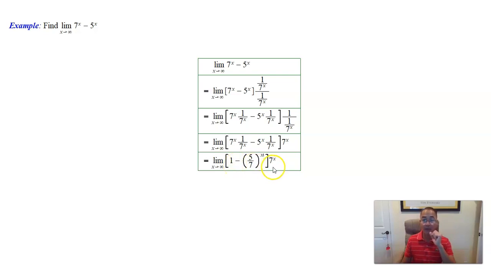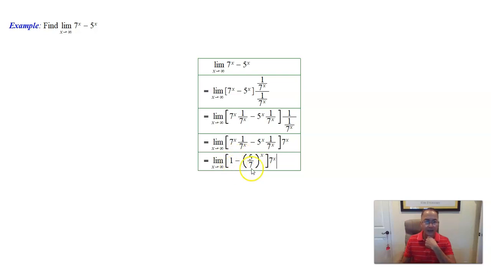We're multiplying though by 7 to the x. So this is approaching 1, this is approaching infinity. And you might say, well, wait a minute, isn't that one of the indeterminate forms? No, it's 0 times infinity. This is 1 times infinity. It's not on the table because it's not an indeterminate form. What is this saying?